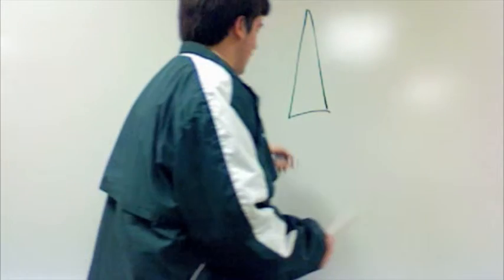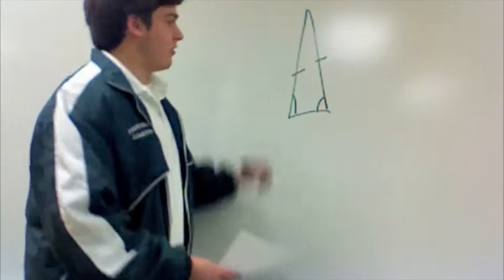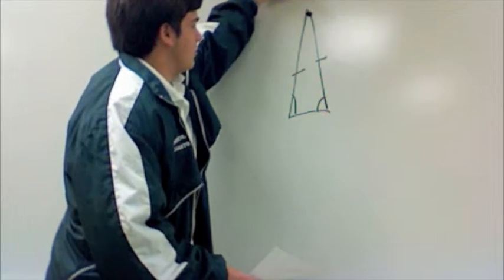Parts of special triangles. An isosceles triangle has two legs that are congruent, along with the base angles that are also congruent. And then there is a vertex angle.